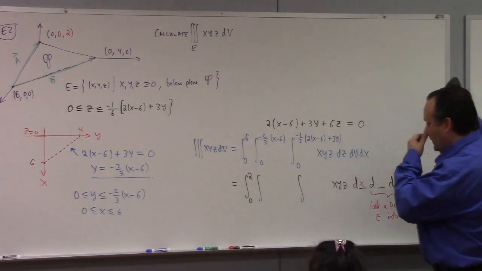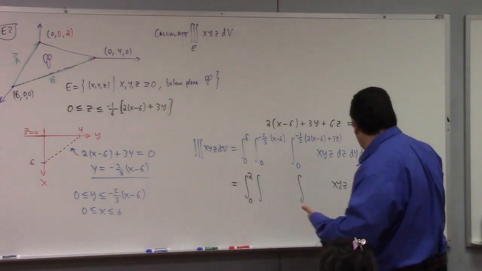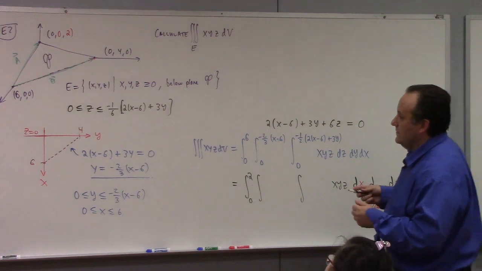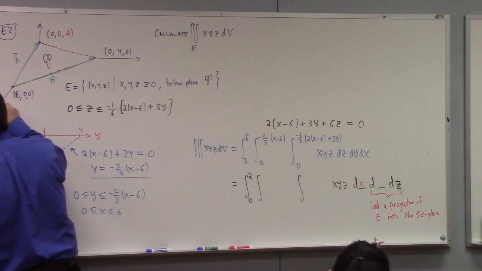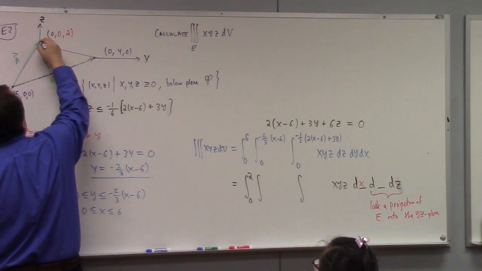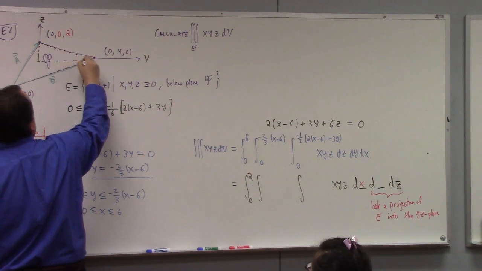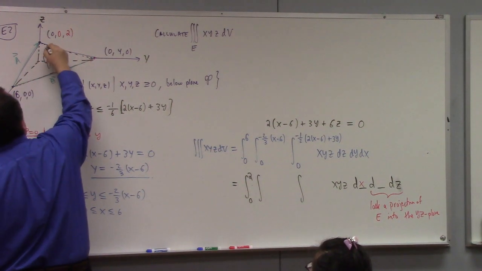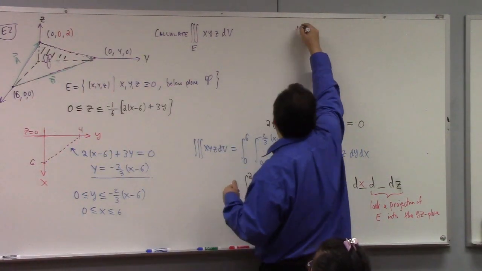All right, so let's see here. We've got to think about the projection into the YZ plane. X, Y, Z. So we're talking about this back here. Actually, this guy. So I'll put it up here.